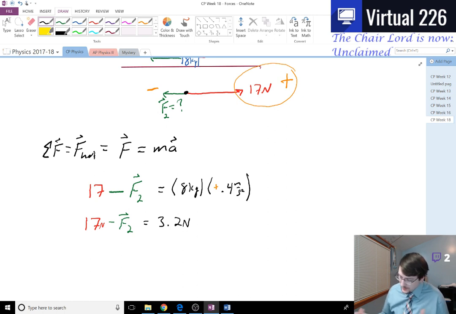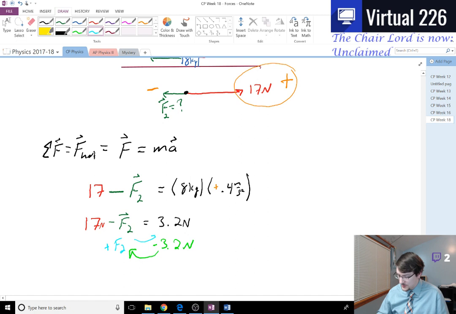So now that we can add things together, we can move some stuff around here. What we're going to do is subtract 3.2 newtons from each side, so it's going to go over here. And we're also going to add F2 to each side, so it's going to go over here.